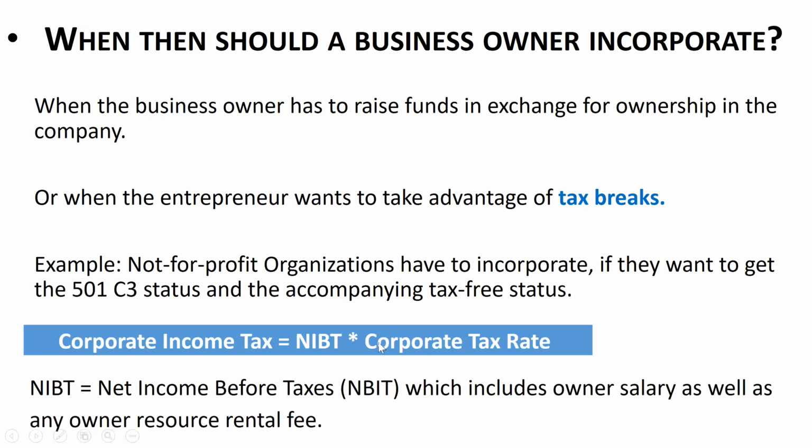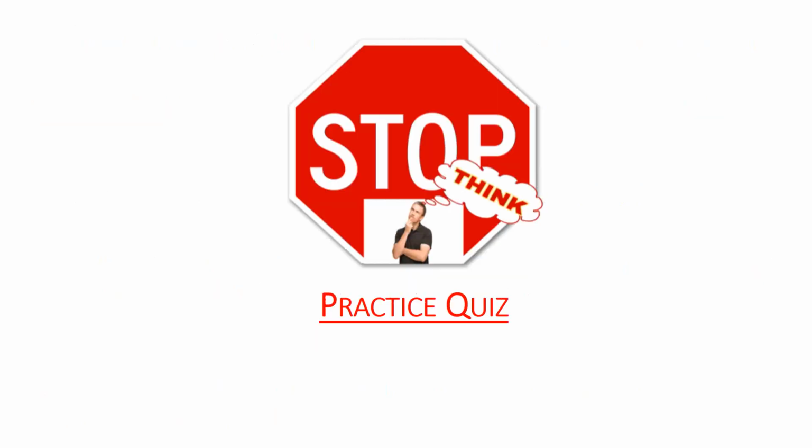This also includes the owner's salary expense and resource rental fee, because if you're putting your time into it, they have to pay you salary, and that is a valid tax deductible expense.